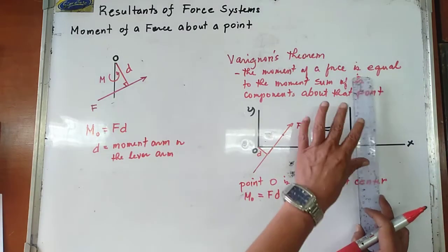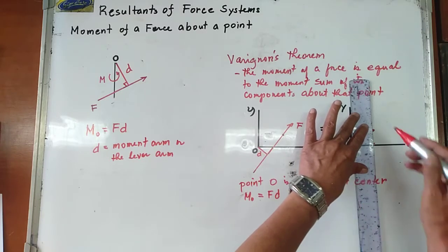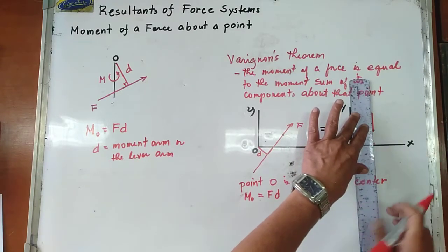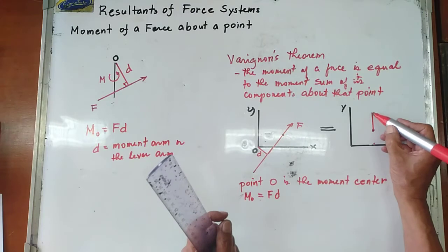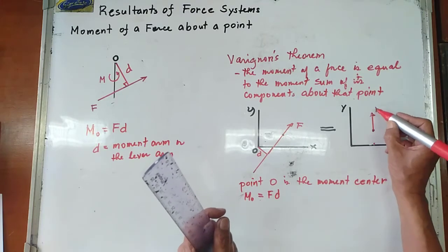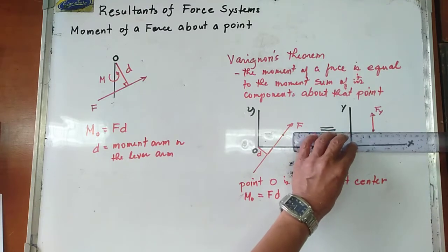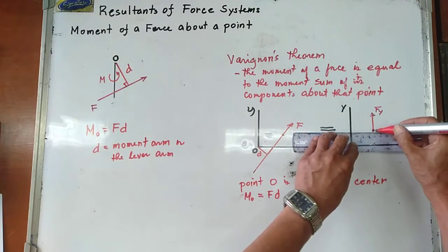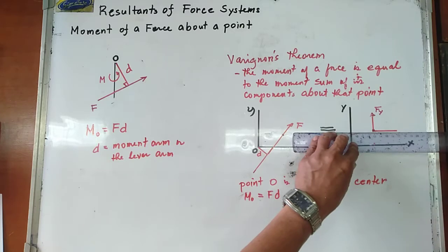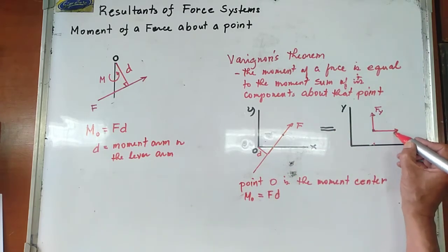So we have now your component in the y-axis. So that is now your Fy. And the component in the x-axis, so let's try to consider this one in here as your Fx.